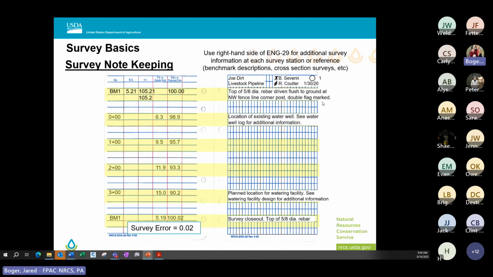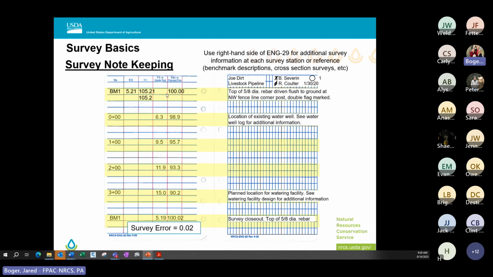Also, I didn't talk about this, but I should have. On the right side of your survey notes, there's a place to do cross sections, but it's also a good place to give a description of what you're shooting.